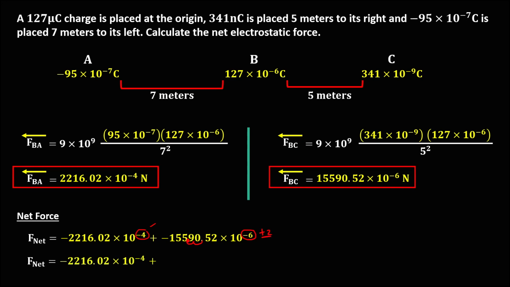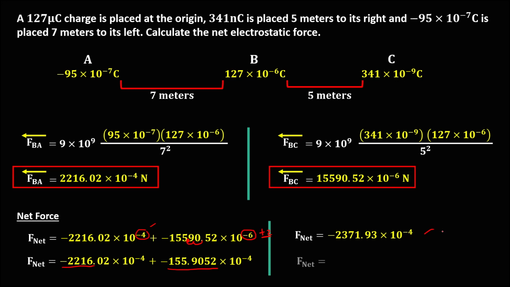And this becomes negative 155.9052 times 10 to the power negative 4. Then this time, we can add these two numbers, and this is equal to negative 2,371.93. Then copy the exponent, times 10 to the power negative 4.